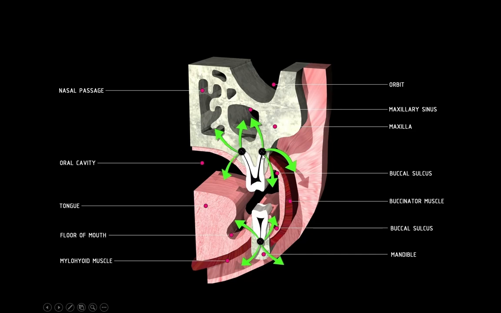So if the tip of the root is above buccinator, you'll tend to get the pus extending out into the soft tissues of the face. Whereas if it is below the attachment of buccinator, the swelling will tend to be in the oral cavity on the buccal side of the tooth. Similarly, for lower molar teeth, we've got a number of ways in which it can spread, and they are constrained again to some extent by the attachment of muscles. On the lingual side, the muscle which is important is mylohyoid.